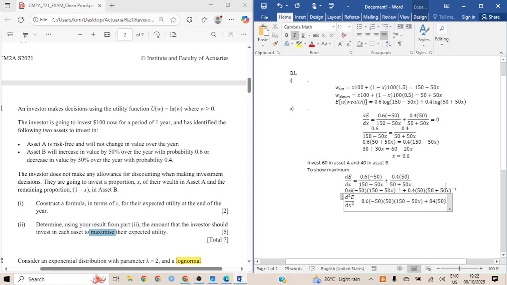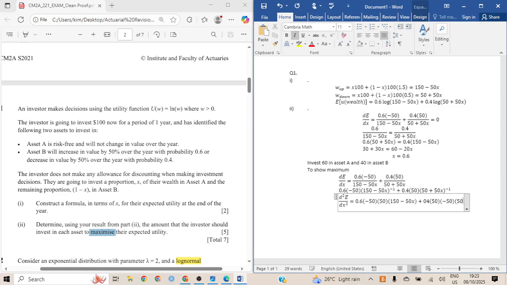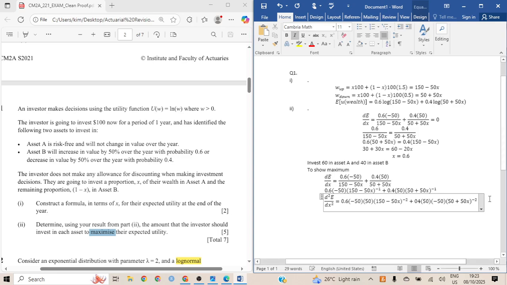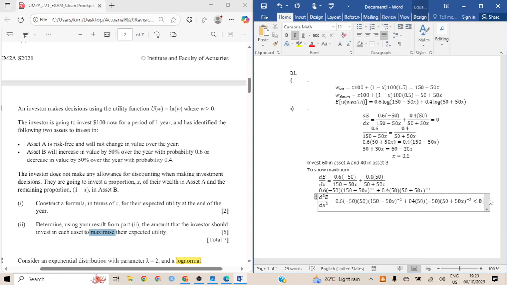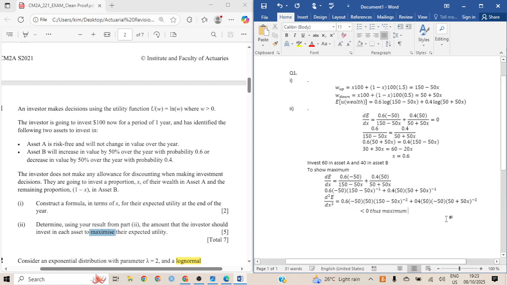The derivative here is plus 50, but then I have minus 1 here, so it will be minus 50 again, times 50 plus 50x. We forgot to raise these to minus 2. As you can see, both of them are negative values, which gives a negative number less than 0, and this shows that it is a maximum. And with that, you are able to earn all your 7 marks.